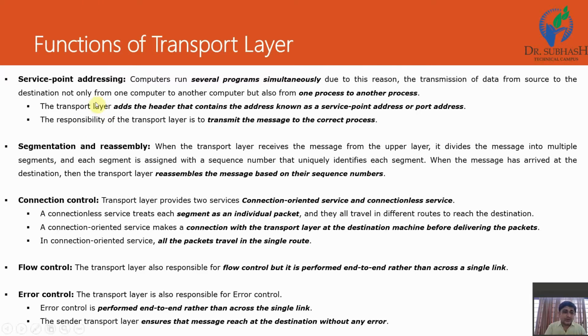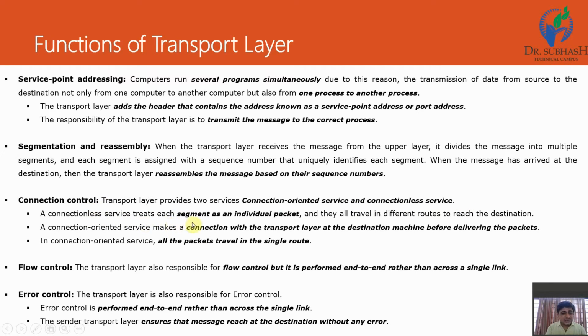So service point addressing. Segmentation as well as reassembling: we have to arrange in a proper sequence, and after making the proper sequence, we have to reassemble. That is segmentation as well as reassembling. Connection control: during the communication, during the transmission of data, the connectivity must be live. So connection established, connection oriented service as well as connectionless service.